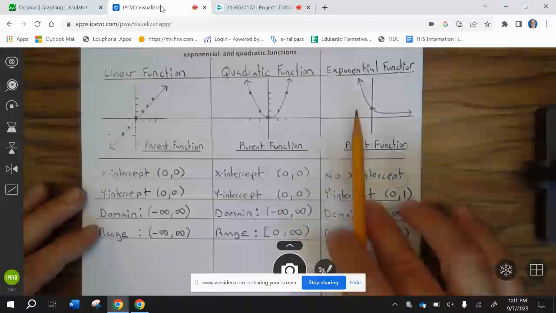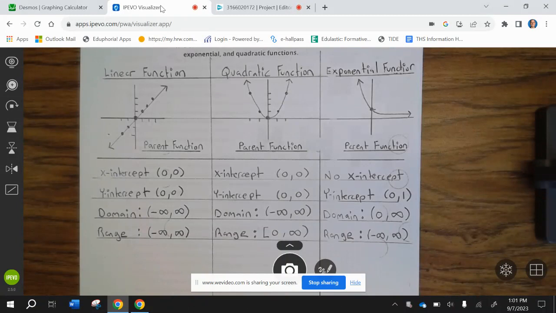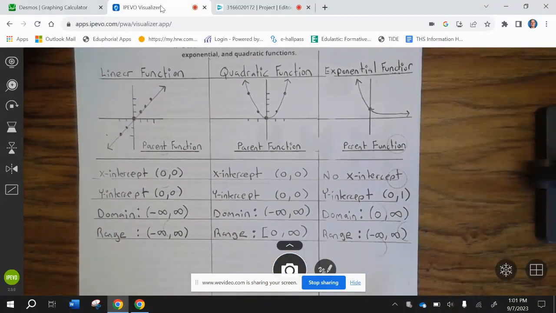So if you would complete this for that page. All right, at this point, I'm assuming you've gotten this written down. Let's move on to the next page.